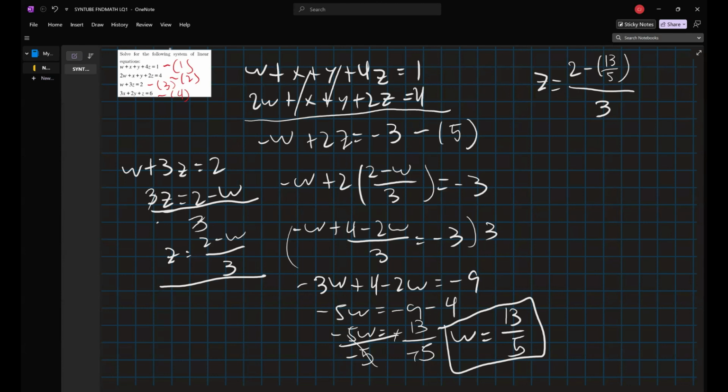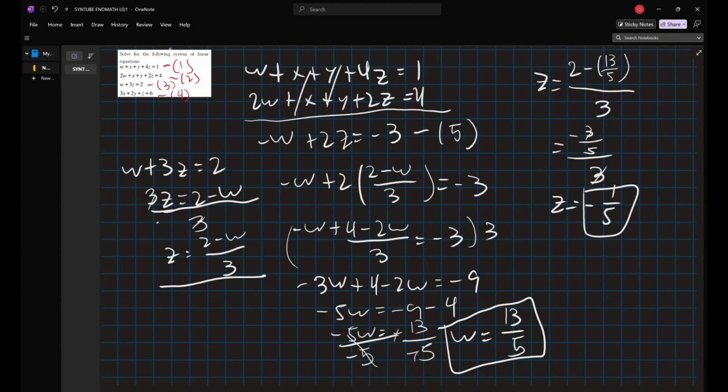Combining this, we can multiply 2 by 5, that would give us 10 over 5 minus 13 over 5, which gives us negative 3 over 5. So that would give us negative 3 over 5 over 3, and the 3s cancel, right? So z would equal negative 1/5.